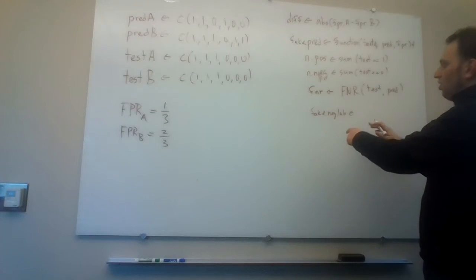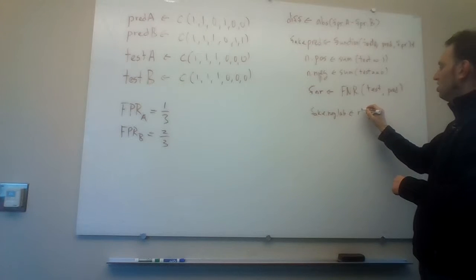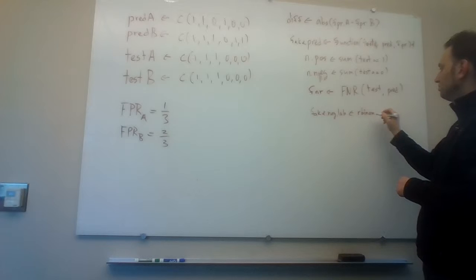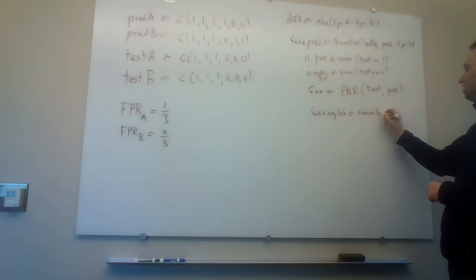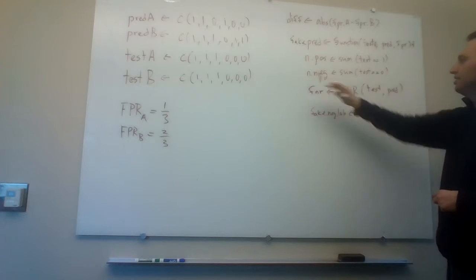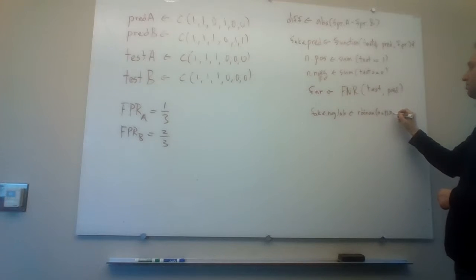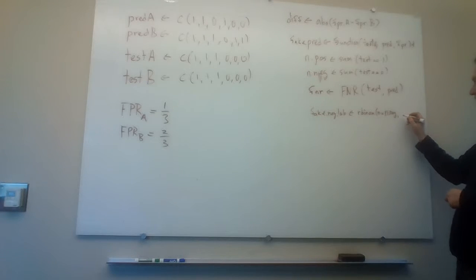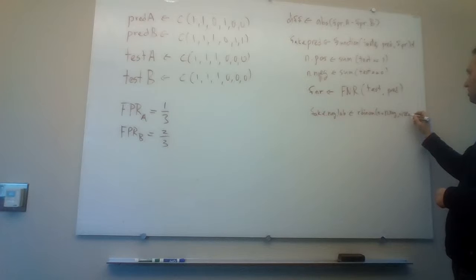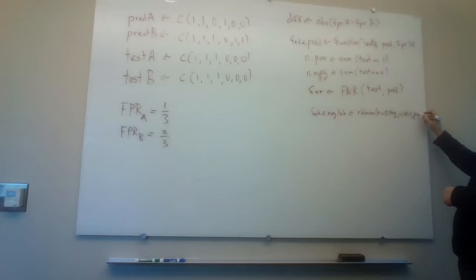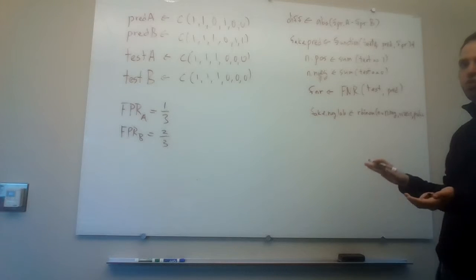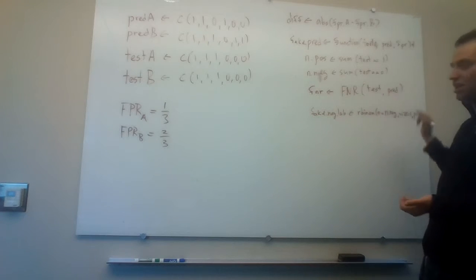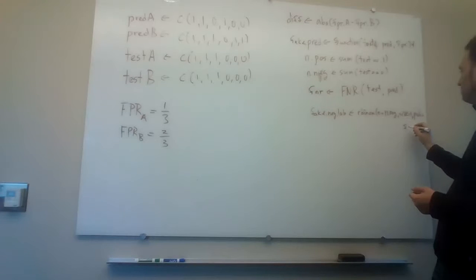Okay, so it's going to be a binomial. And we need how many of those? N neg of those. And we're going to say the size is 1. And the probability of a 1 is going to be FPR. So prob is going to be FPR.